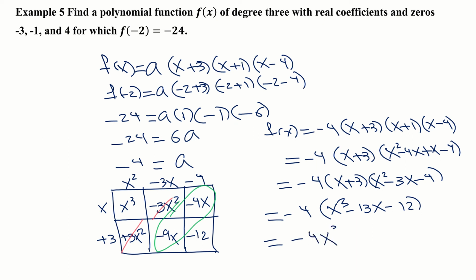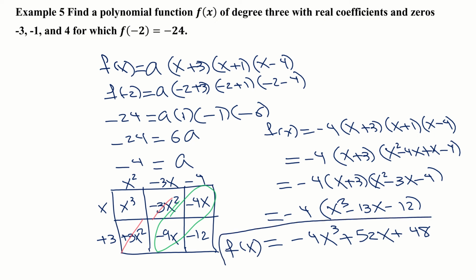So negative 4x cubed plus 40 and 12 is 52x, and then plus 48. So there is the custom designed polynomial that we were asked to find. So it is a third degree polynomial, a cubic polynomial, and there is the exact polynomial. Okay, so a nice little practice. Make sure you can handle it before you proceed.